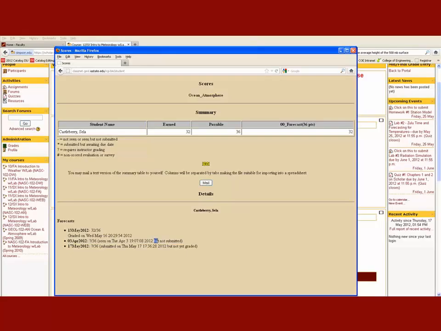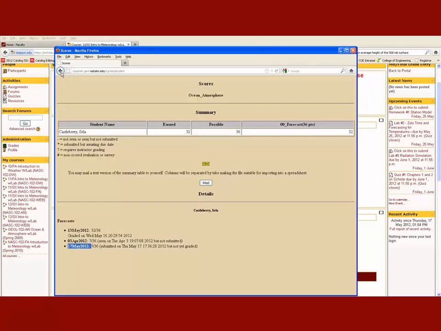So when I looked at this, I did not hit the submit button, so it can't grade it. That's why it's important to submit. If you're not sure, go back and hit the submit button again. And then here's the one that I submitted just a few minutes ago. 5:36 p.m. It says submitted but not yet graded. So this one will be graded by the 20th of May.